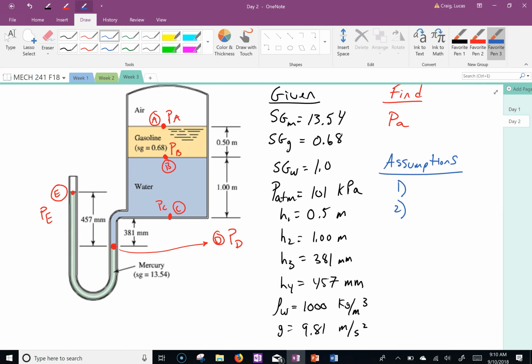Incompressible, yep. There you go. They don't mix, yep. Fluids don't mix, because if it mixed, then you'd have to find a new density, right? And we're not going to do that.